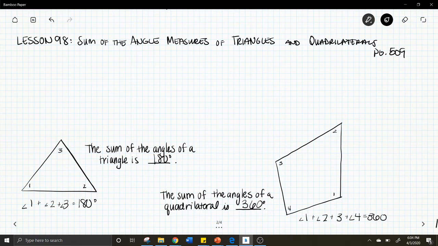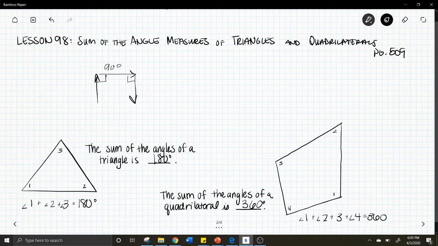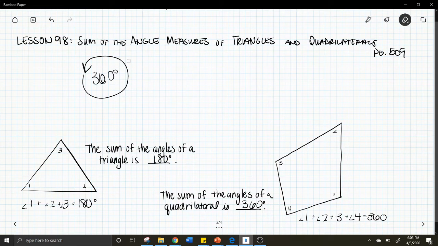So let's look at triangles, for example. If you recall, we learned about measuring turns. We said, if I'm going north and I turn to the right 90 degrees, if I turn to the right again 90 degrees, we talked about measuring in that sense. And we learned that a full revolution, or a full turn, is 360 degrees. So with that knowledge, let's keep going.